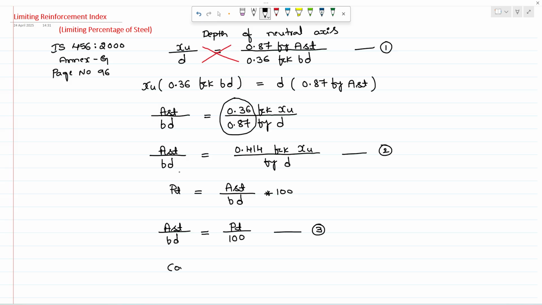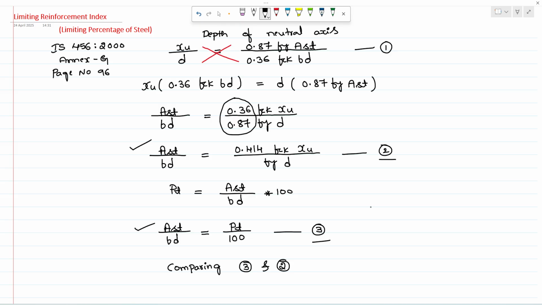So now comparing equation 3 and equation 2. So this is your equation number 2 and this is your equation number 3. On comparing equation 2 and 3, the similar terms are Ast divided by bd.